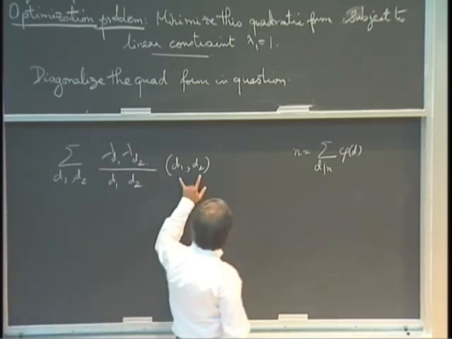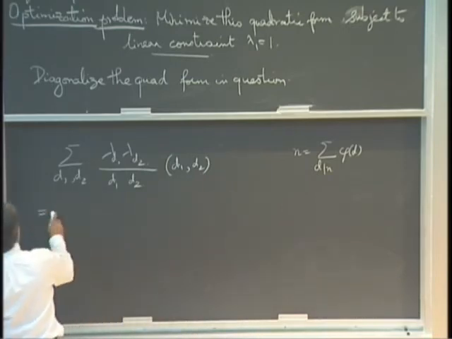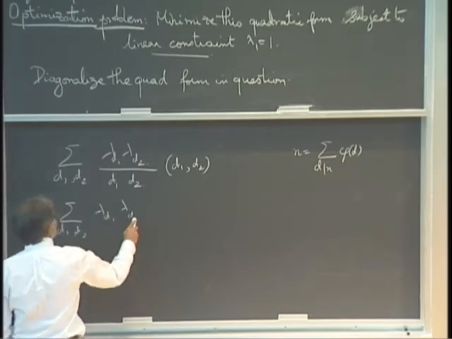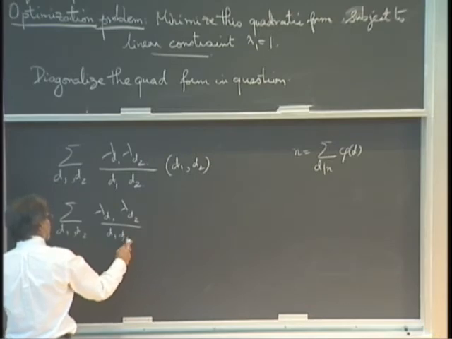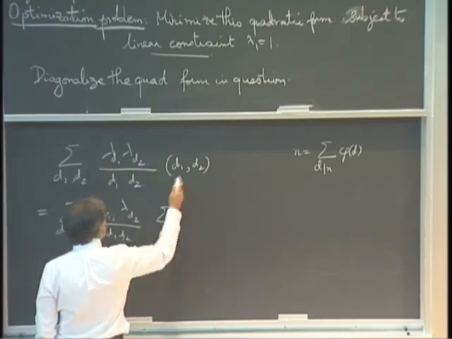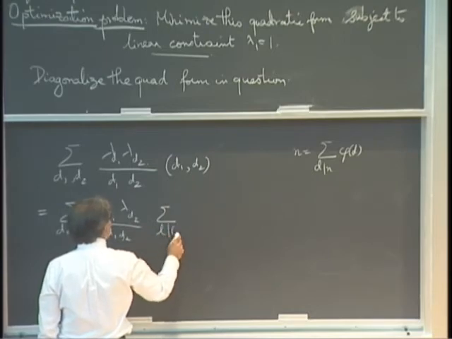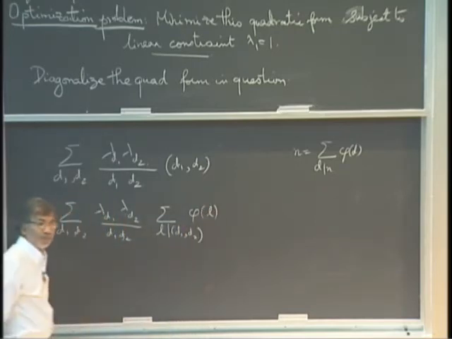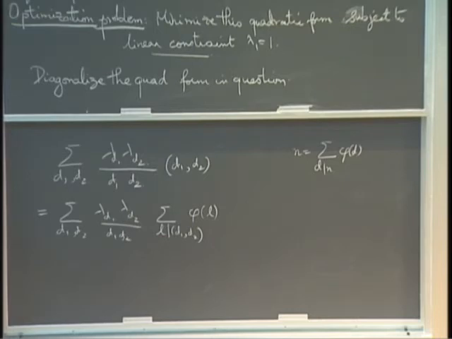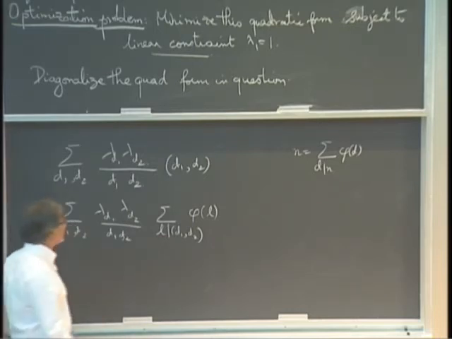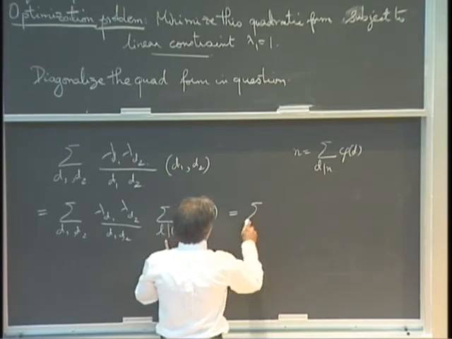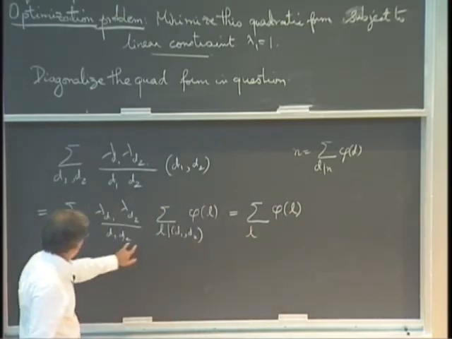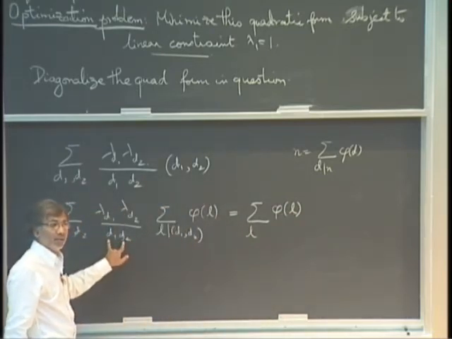So I can now rewrite this as a sum over numbers, let's say L, that divide both d1 and d2 of phi of L. Now if I exchange the two sums, then what I have is a sum over L, phi of L, maybe divided by L squared, that divides d1 and d2.